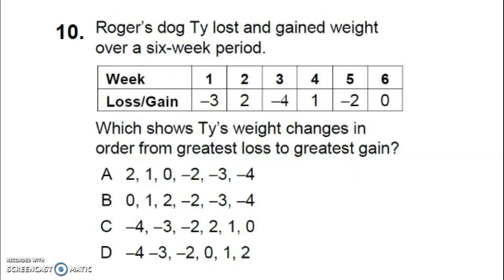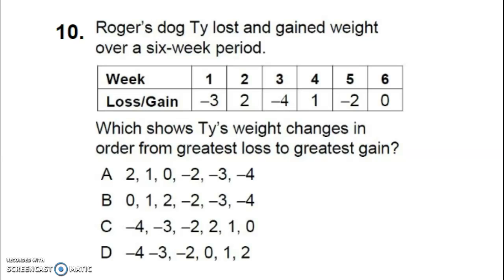Number 10. Roger's dog, Ty, lost and gained weight over a 6-week period. Week 1 was a loss or gain of -3. Week 2 was a loss or gain of 2. Week 3 was a loss or gain of -4.